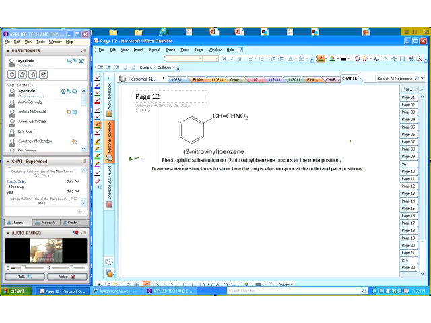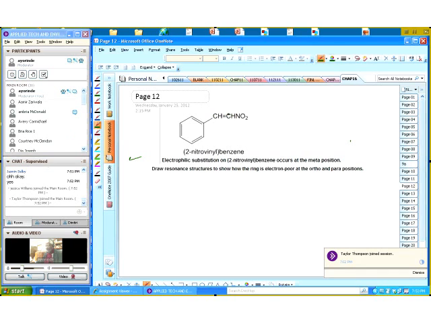What do they want us to do here? They said electrophilic substitution on this molecule occurs at the meta position. In other words, what they are telling us is that this group is a meta director. If you recall, I told you in class that when you have a carbon-carbon double bond attached to benzene, that would be an ortho-para director.